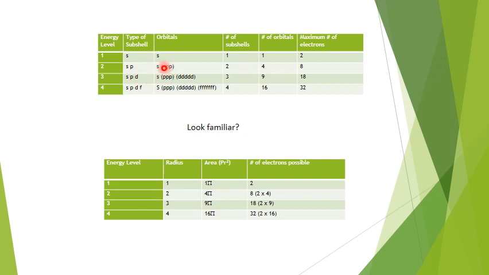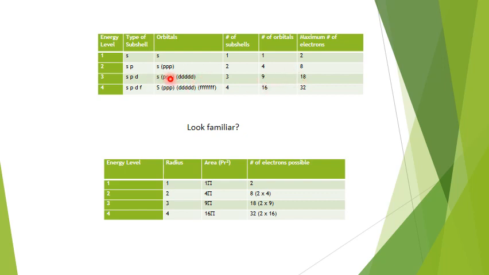And you can put 2 electrons in each one of them, so 4 times 2 is 8. Energy level 3 has 3 types of subshells, s, p, and d. And here they are: s, 3 p's, and 5 d's. You add them up, there's 9.